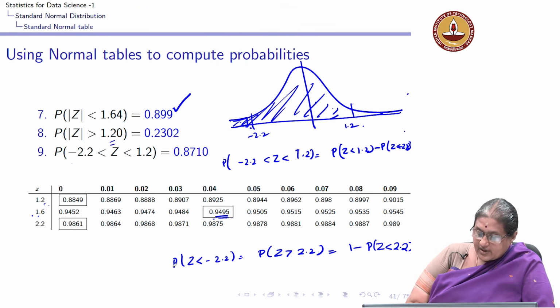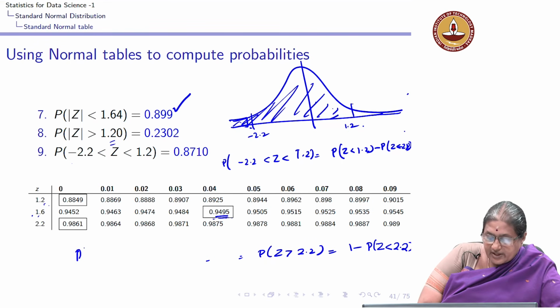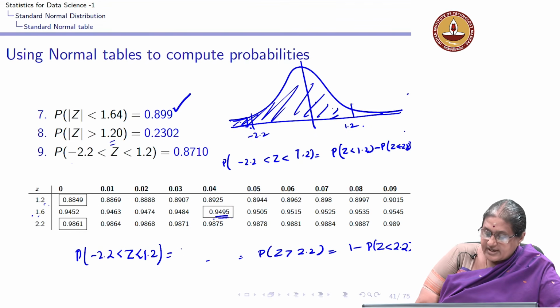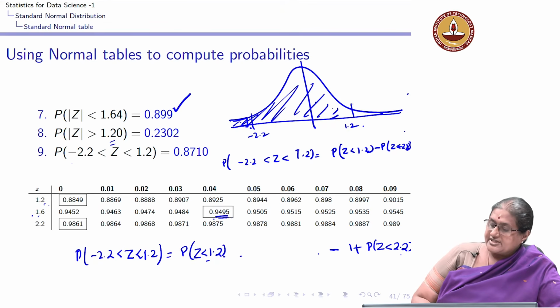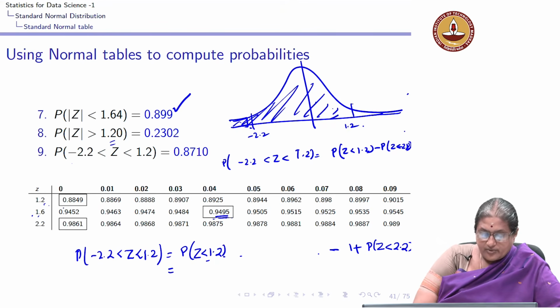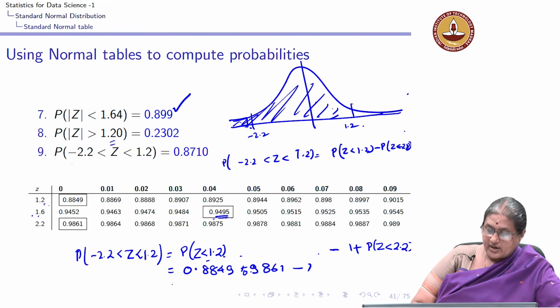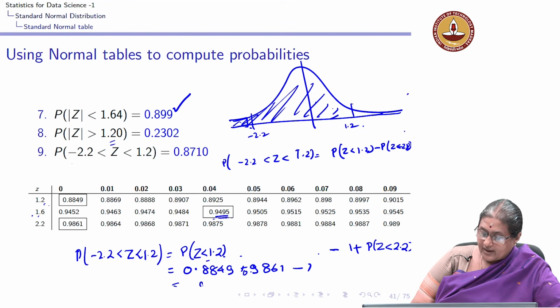So, in effect, probability minus 2.2 is less than z is less than 1.2 is the same as probability z is less than 1.2 minus 1 plus probability z is less than 2.2. Probability z is less than 1.2 is 0.8849. Probability z is less than 2.2 is 0.9861. So, 0.8849 plus 0.9861 minus 1 would give me a probability of 0.8710.